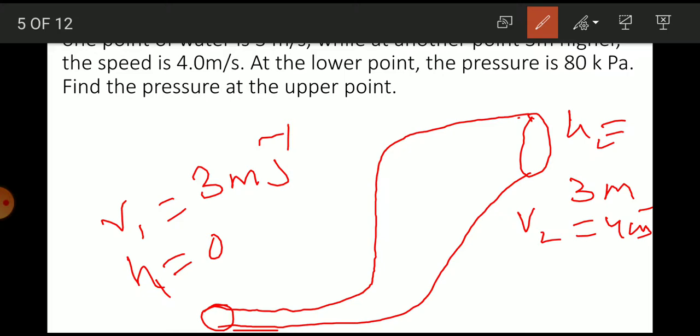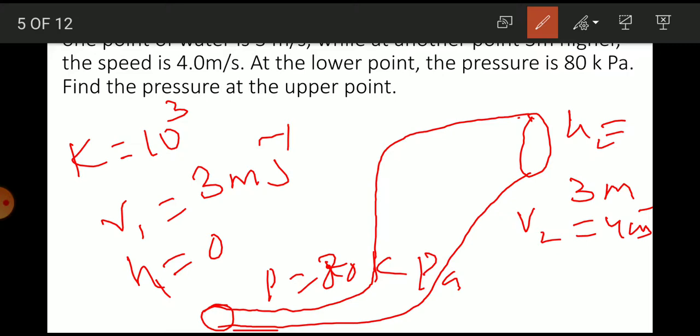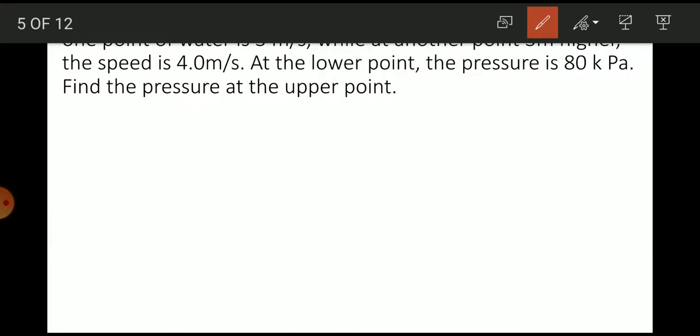Find the pressure at the upper point. Here the pressure is 80 kilopascal. In place of kilo, we will write 10 raised to power 3. So I will write the formula, apply, you will do it.